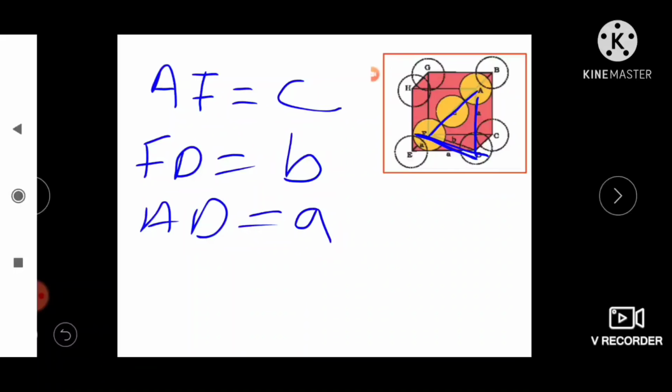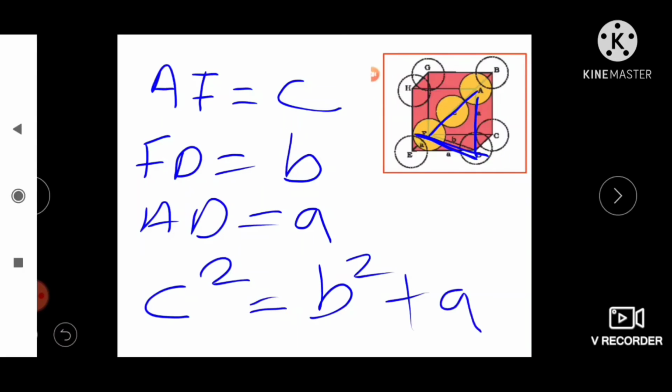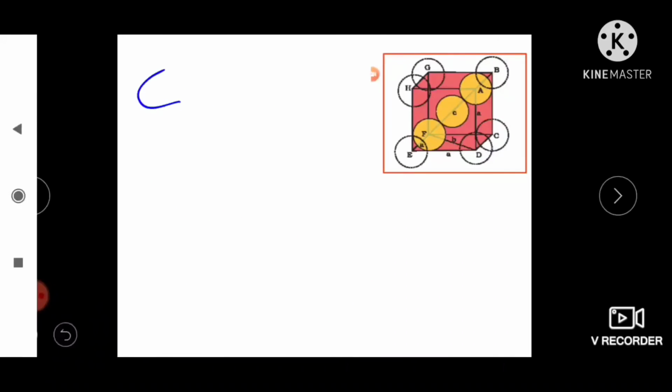Then c square equals b square plus a square. By Pythagoras theorem, AF square equals FD square plus AD square. Then we can write c square equals b square plus a square. We get c square equals 3a square.